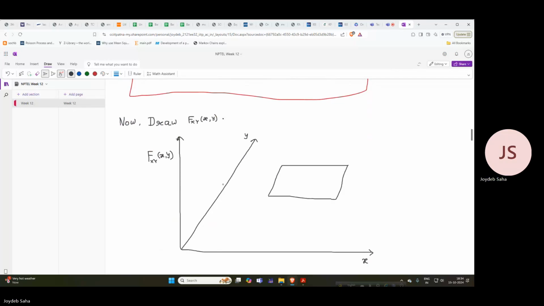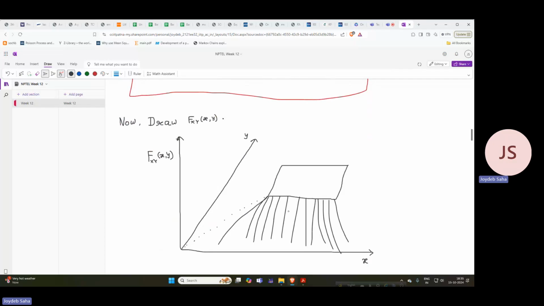Okay. And here is a curve, right? This is the curve, and if we join it like this with the origin line, here we will get so many curves like this. And so on. Similar curve we will get here.